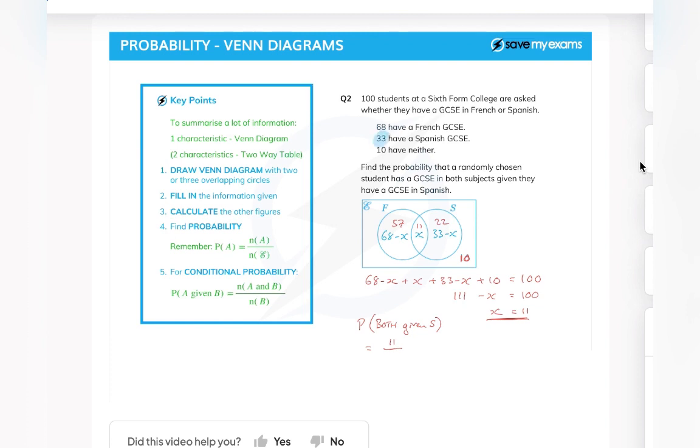We were given that number earlier, it's 33. So 11 over 33, which is just 1/3 if you cancel it down. Okay, so one characteristic problems, you use Venn diagrams.